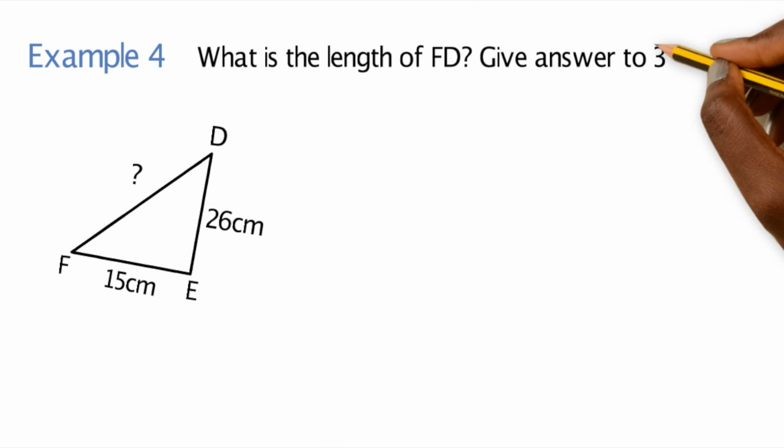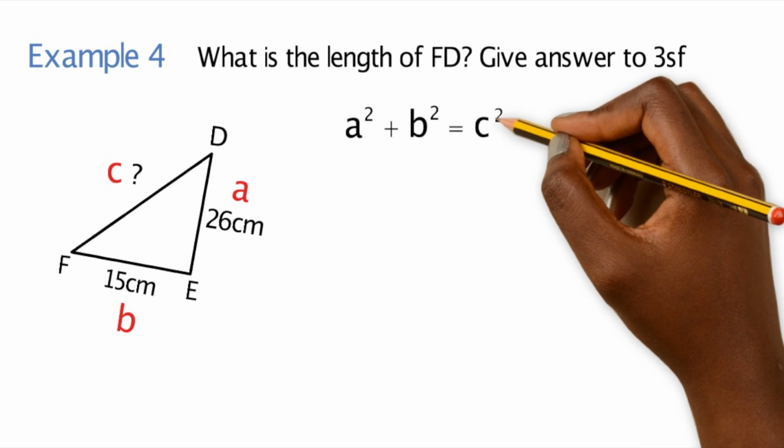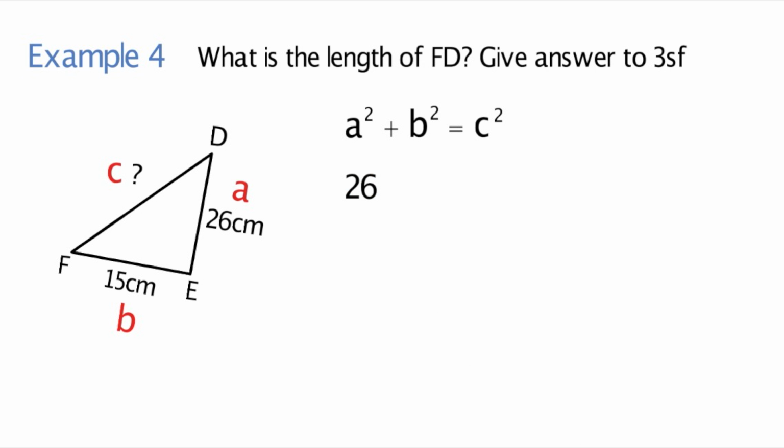So what is the missing length of FD? Give your answer to 3 significant figures. We label the triangle first. So label your triangle. Remember A and B, it doesn't matter where they are. Write out the equation. Because you're working out what C squared is, whenever you're working out what C is, you don't need to rearrange it. That's the easiest way to think about it.